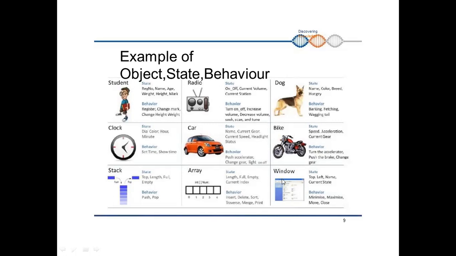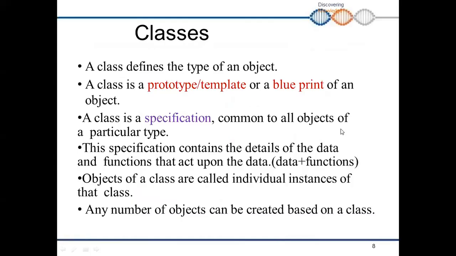For a window, data members can be top, left, name, current state, and we can also add version. So operations performed by a window can be minimize, maximize, move, close. So this is about objects. In the next class, we will discuss classes and other concepts of OOPs.